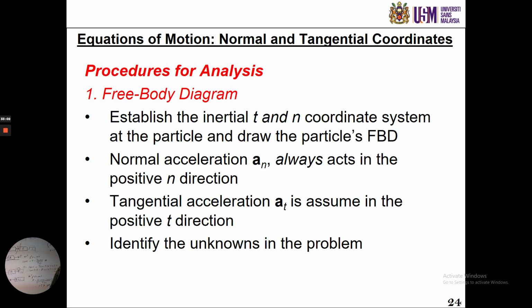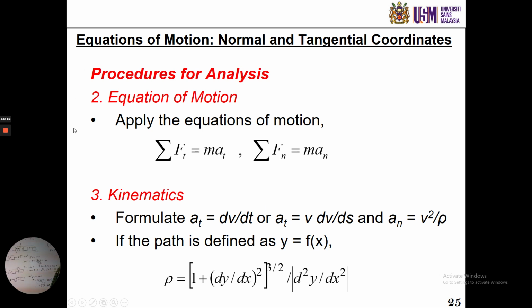Tangential acceleration at is assumed in the positive t direction. Then identify the unknowns in the problem, and apply the equations of motion in t and n, and also Fb if needed. You can use kinematics to solve using these three equations, and if the path is defined as y equals f(x), you can figure out the rho using that long equation.